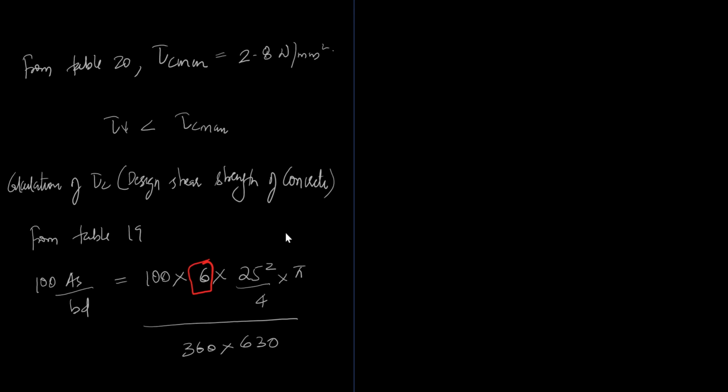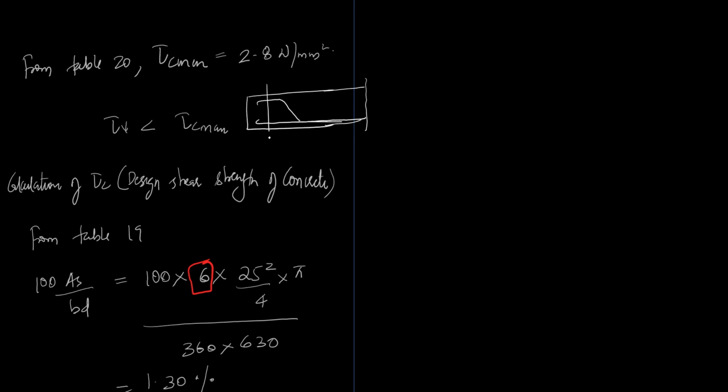I'll get from table number 19, 100 As by bd, that is the percentage of tension reinforcement. Here there are actually 8 bars being provided at the tension side, out of which 2 bars are being bent up. So if I am considering the end section, suppose this is my beam, there are 8 bars being provided at the bottom, and out of which 2 bars are bent up.